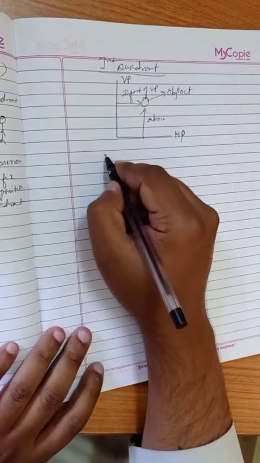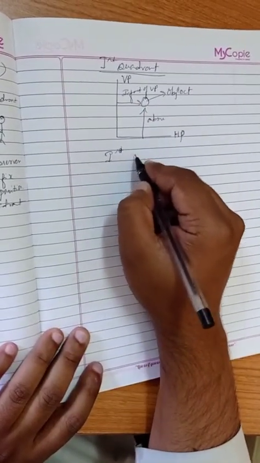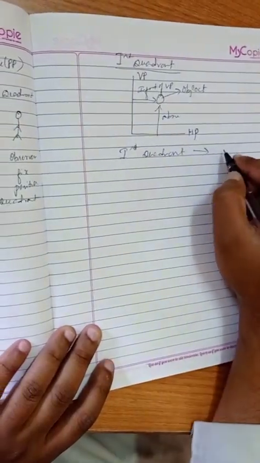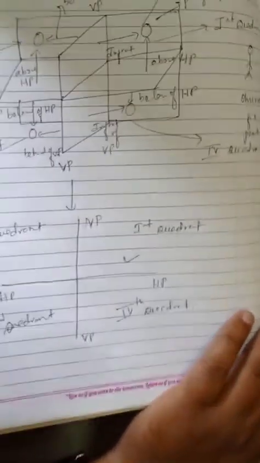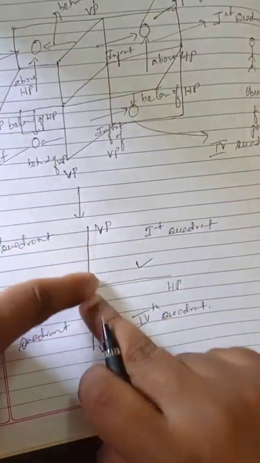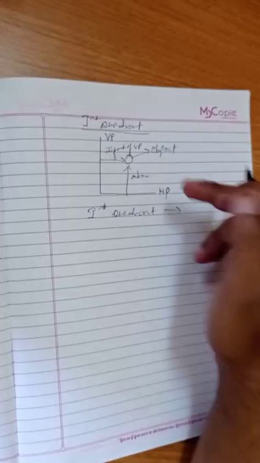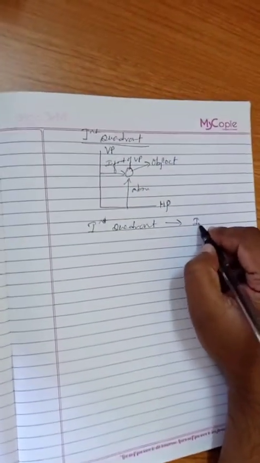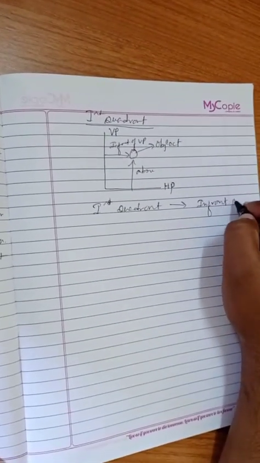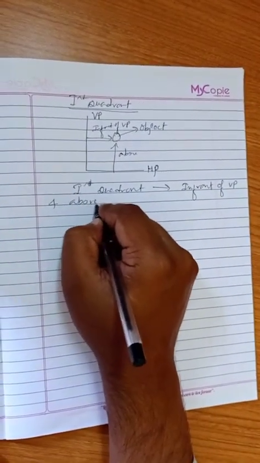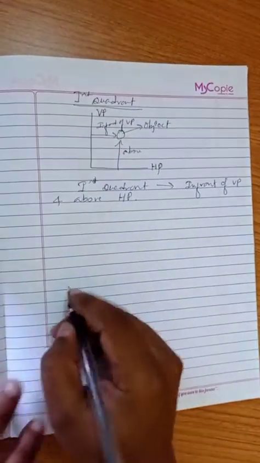Now we can write. So this is the definition of the first quadrant in orthographic projection. The first quadrant is nothing but in front of the VP and above the HP. That is our first quadrant.